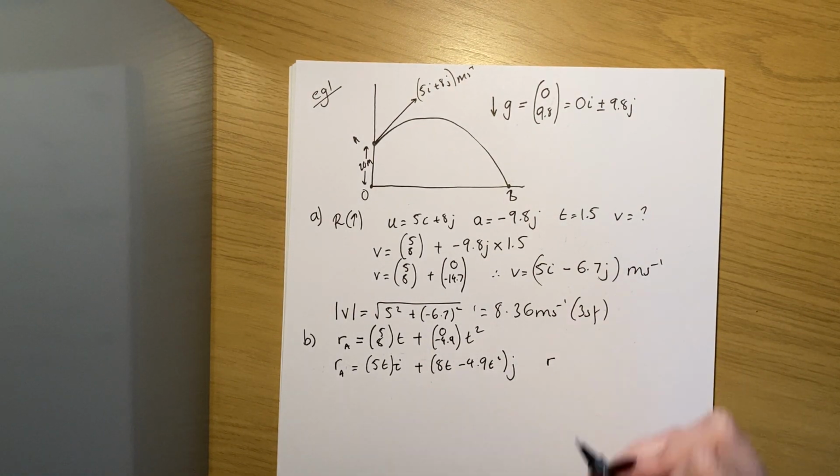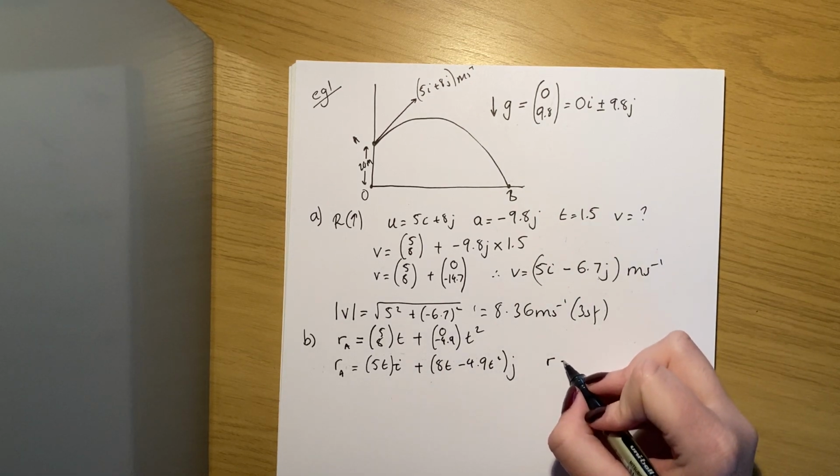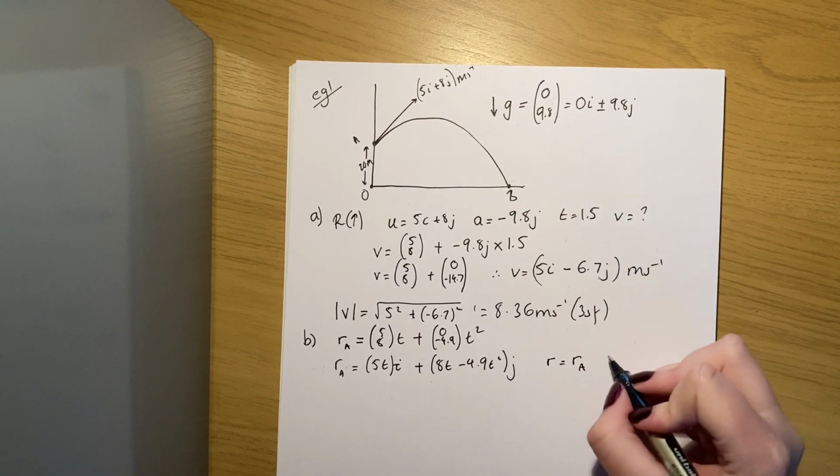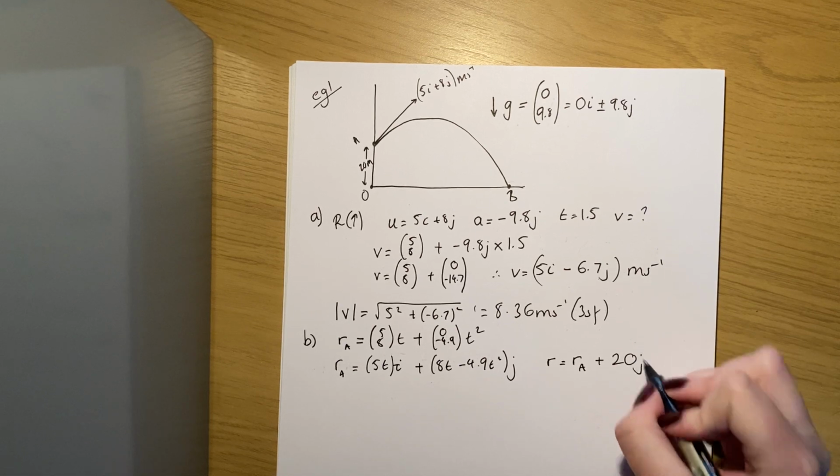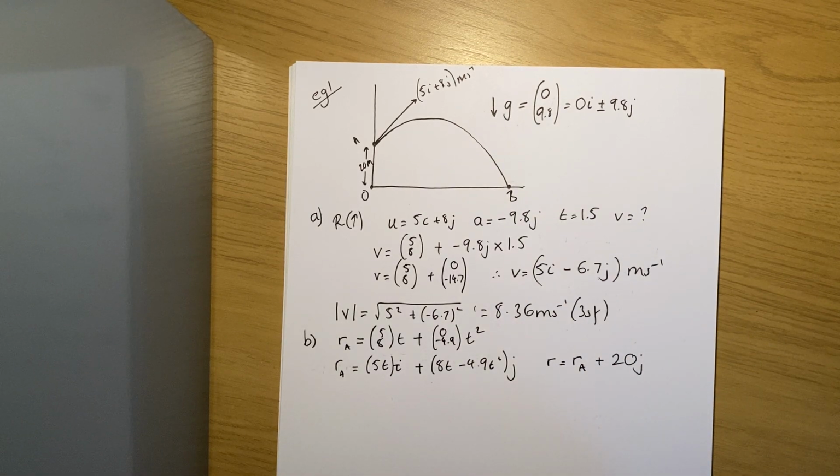So r, which is the expression for the position vector, is going to be equal to our displacement from A plus 20j.